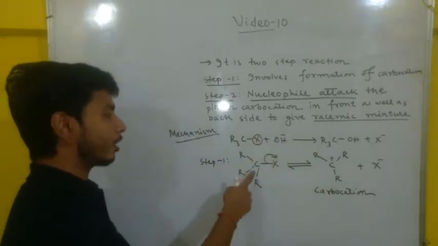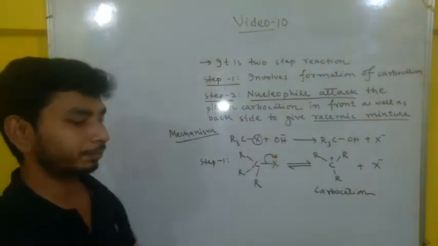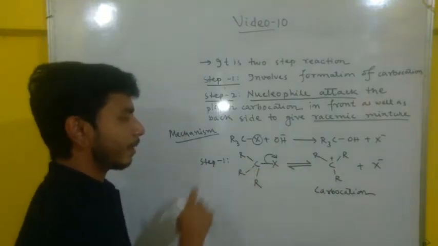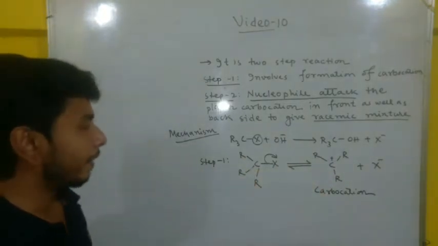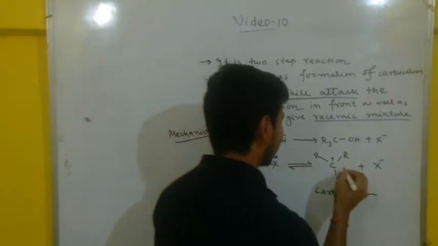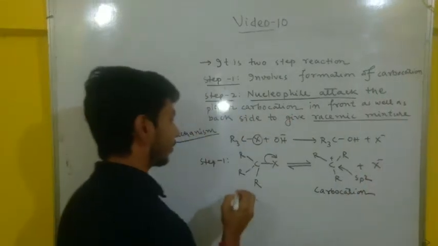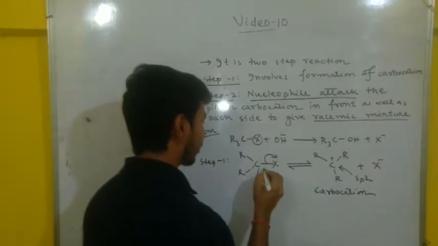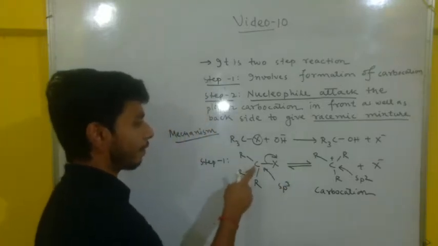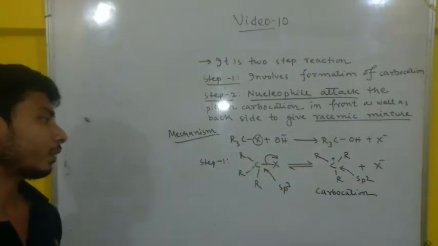It is a three-dimensional molecule, and this is a two-dimensional molecule lying in one plane. Here the carbon is sp3 hybridized, and here the carbon is sp2 hybridized. So an sp3 hybridized carbon becomes an sp2 hybridized carbon.